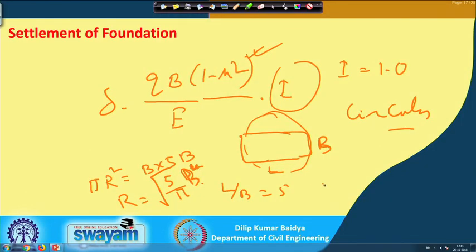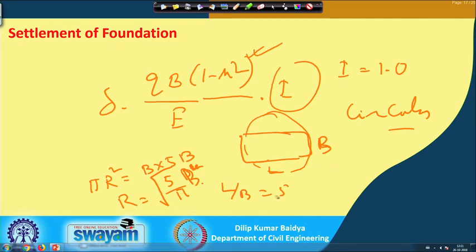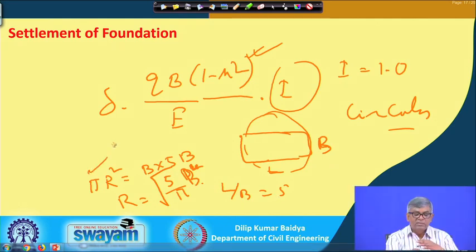For any shape like a rectangle with different aspect ratio, like L by B equal to 5, I can express pi r square equal to B into 5 B, and then R becomes this. So, if I use this R here instead of R equal to 2 B, I can put it here and only use the equivalent circle equation. So, with the circular foundation equation, the result will be by and large similar, maybe only 5% error.